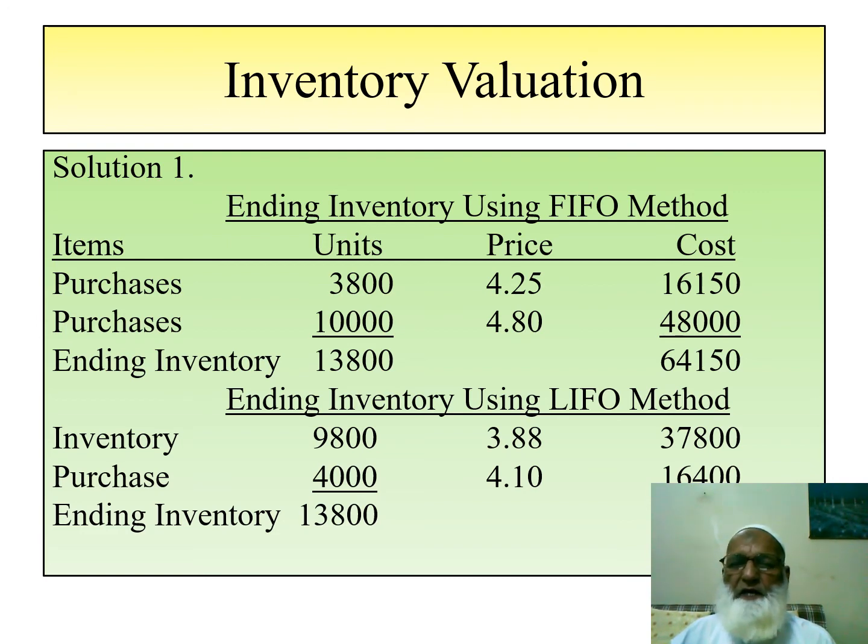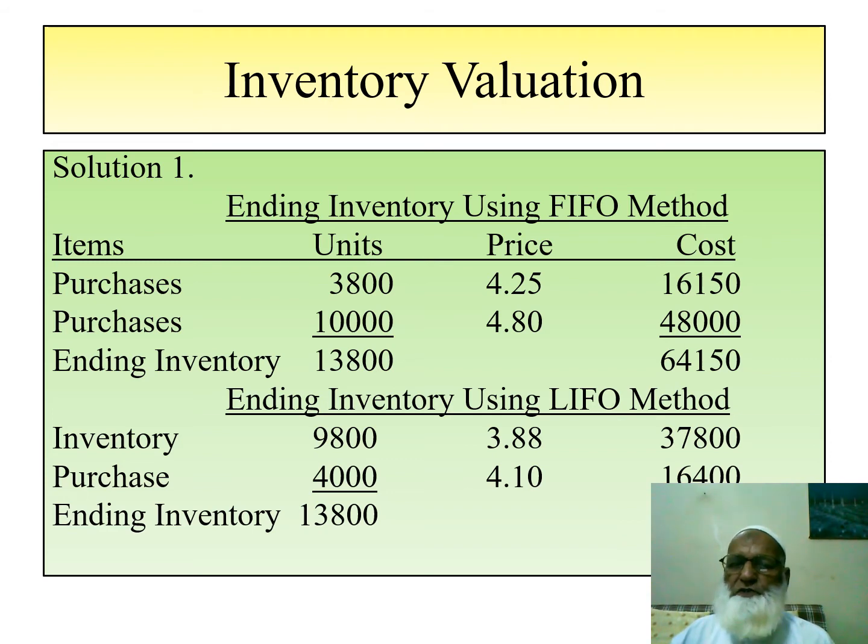So over here, as we have an ending inventory of 13,800, first we take the last purchase, which was 10,000 at 4.80, the worth is 48,000, and then we need 3,800 from the previous purchase, where the cost was 4.25, and the total cost was 16,150. So the ending inventory cost is 13,800 units at 64,150. This is the cost of the ending inventory.